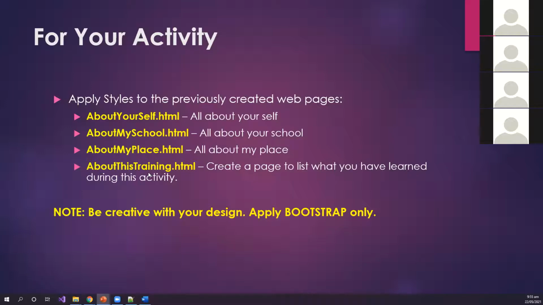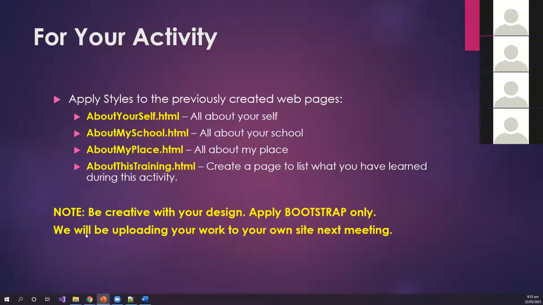You need to complete this because by the next activity, we will put your site live. Please click on the link to my website, and I will teach you how. So that is your activity.